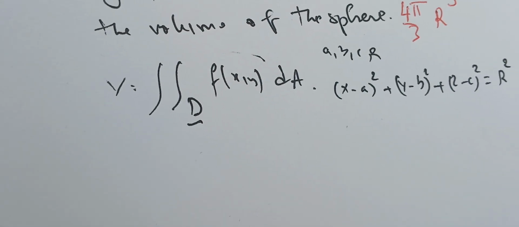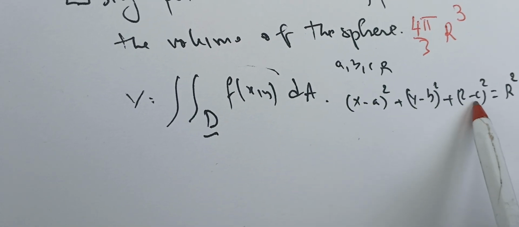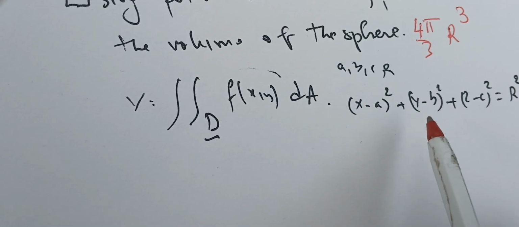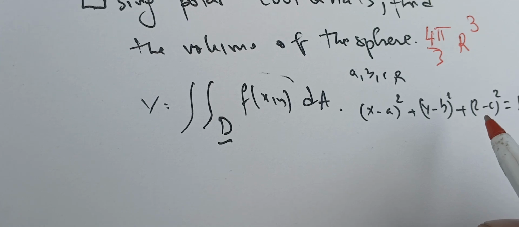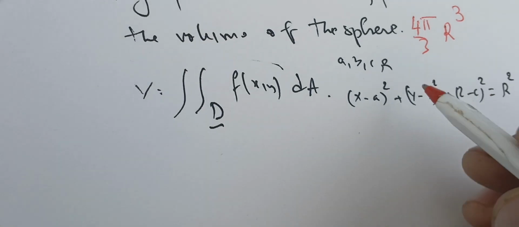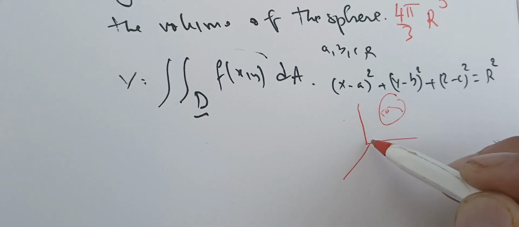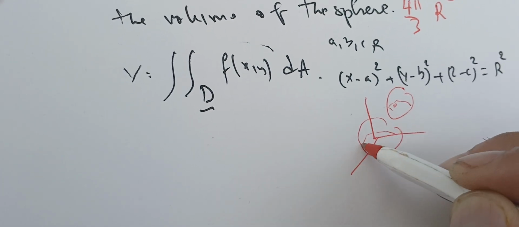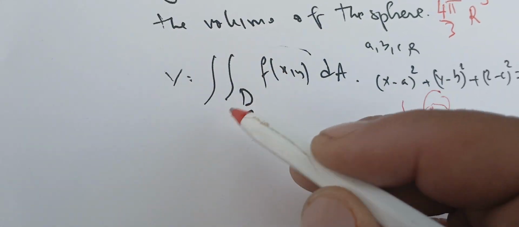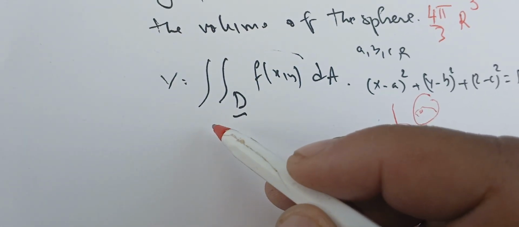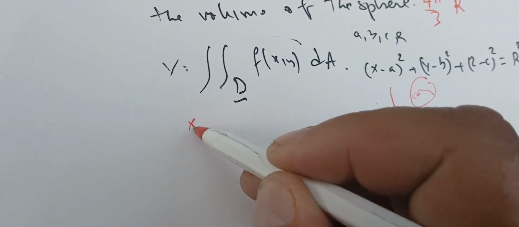In our case, we're going to take a, b, and c to be 0, so there is no difference between finding the volume at some point and finding it at the origin. That means we're going to take the sphere centered at the origin.